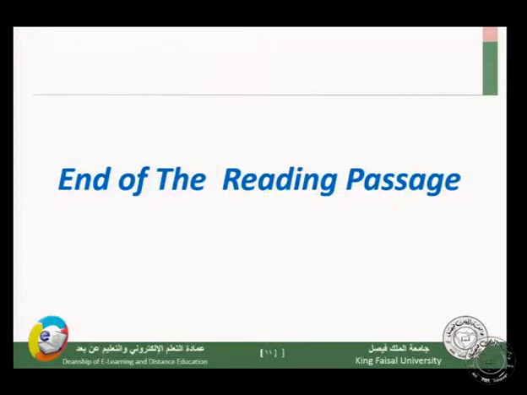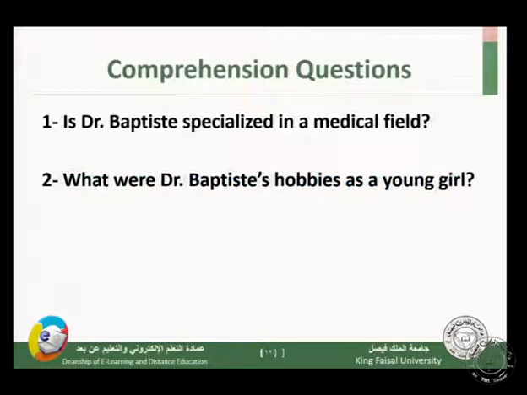So this is the end of the reading passage, and we'll come to the comprehension questions. So we have here 2 questions. The first question is: Dr. Batiste specialized in a medical field? So is she specialized in a specific medical field?